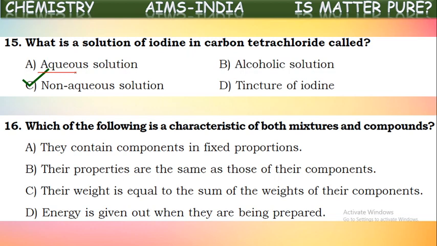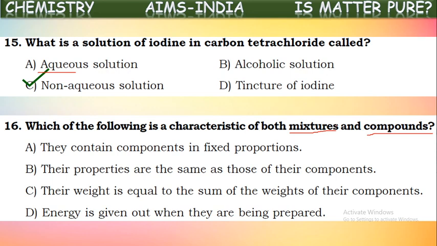Which of the following is a characteristic of both mixtures and compounds? One of the properties is common to mixtures and compounds. Let us see: they contain components in fixed proportions. Of course, compounds have components in fixed proportion, but mixtures do not.